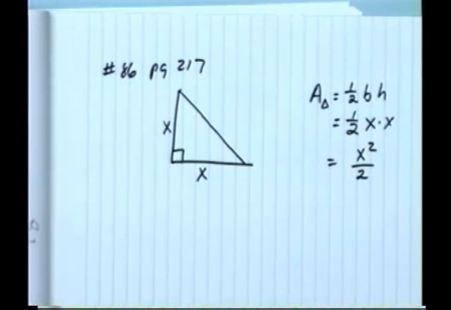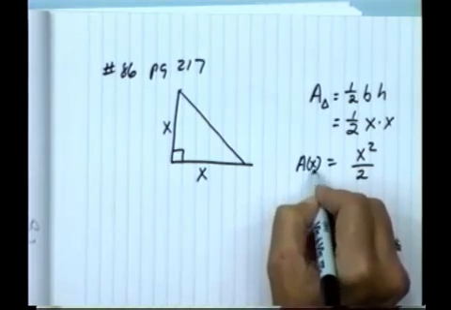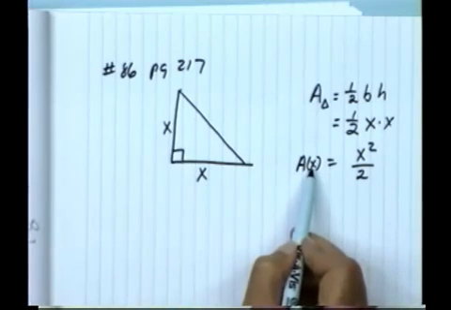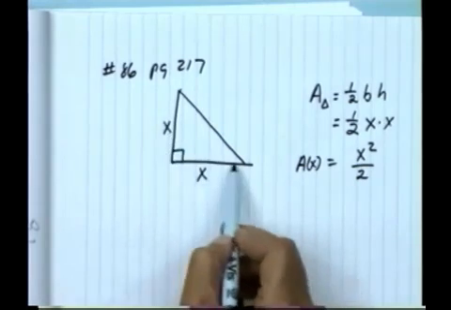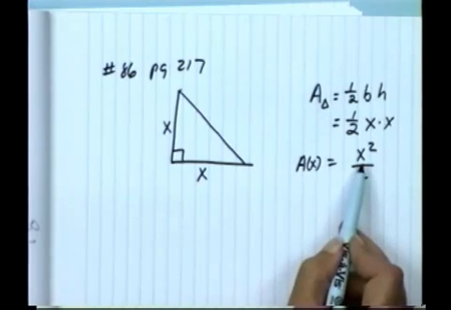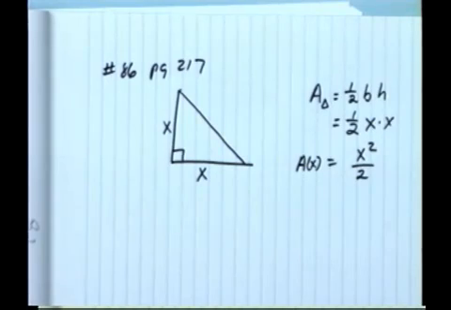Trying to review some of your geometry. And see, what we have here is a function. Did you notice that? The area of this triangle is a function of x, where x represents the sides of the right triangle. So area is a function of x, where x is a side. So you came up with a function.